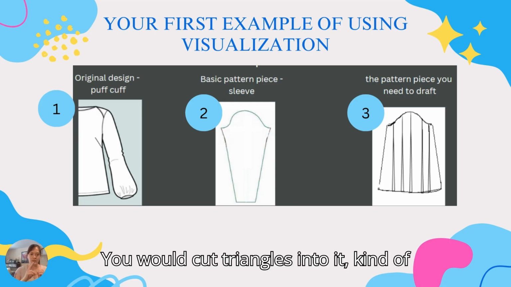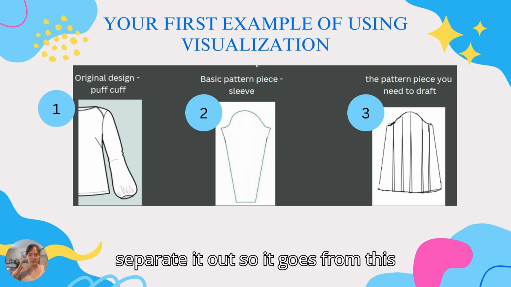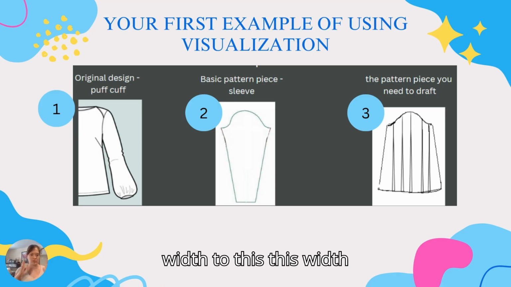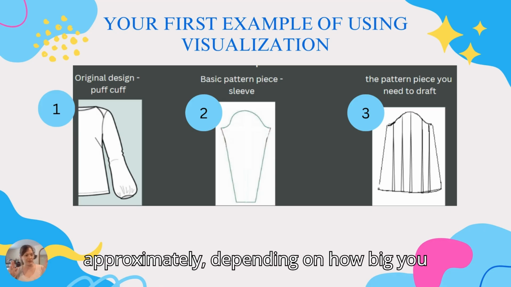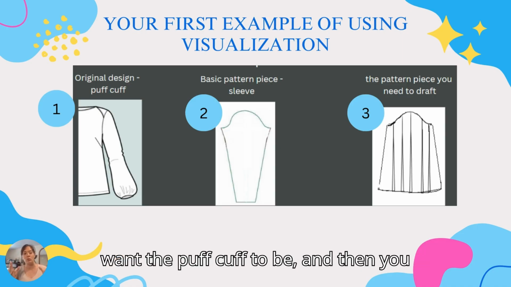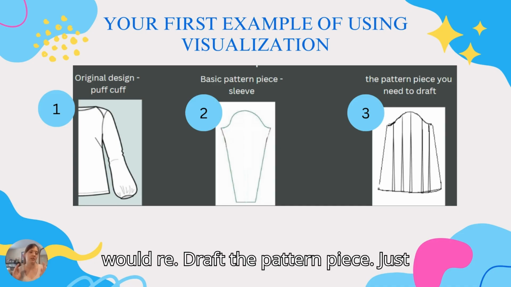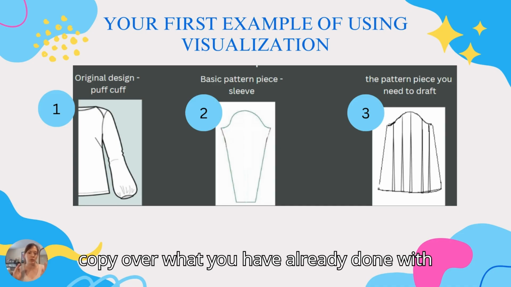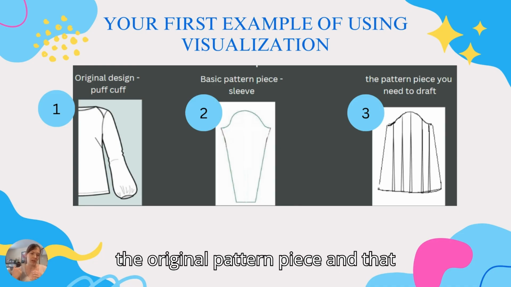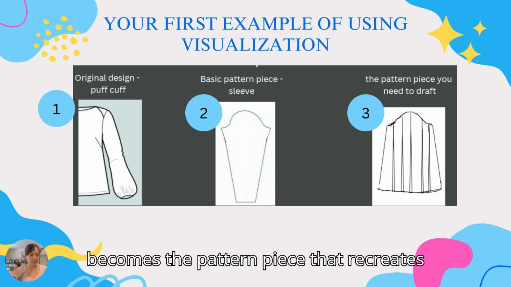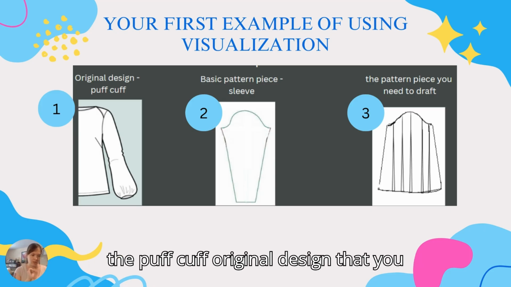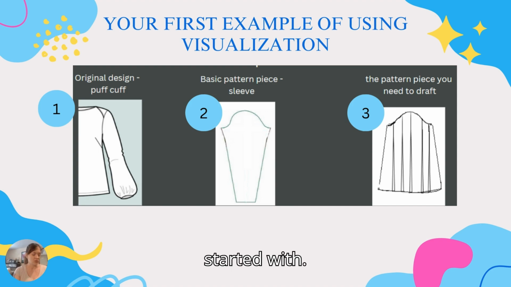You would cut triangles into it, kind of separate it out so it goes from this width to this width approximately, depending on how big you want the puff cuff to be. And then you would redraft the pattern piece, just copy over what you have already done with the original pattern piece, and that becomes the pattern piece that recreates the puff cuff original design that you started with.